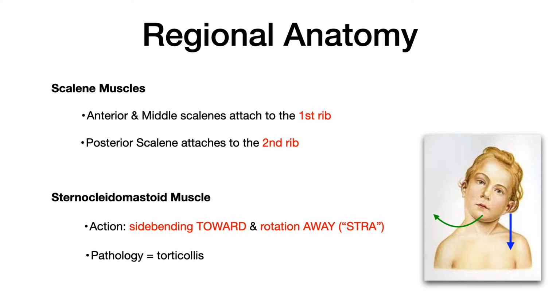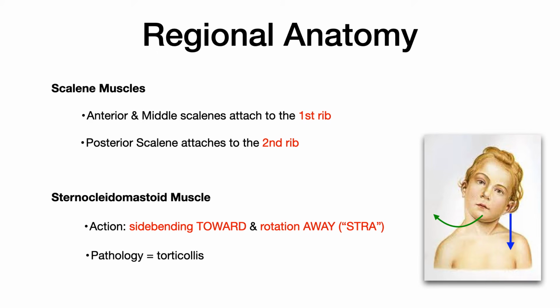And it's somewhat tricky because since it has that rotation away component to it, their head will be turned to the contralateral side. And if you look at an image and you see the head turned away to the contralateral side relative to the sternocleidomastoid that is actually the problem, it can throw you off and incorrectly make you think that it's actually the other sternocleidomastoid that's hypertonic.